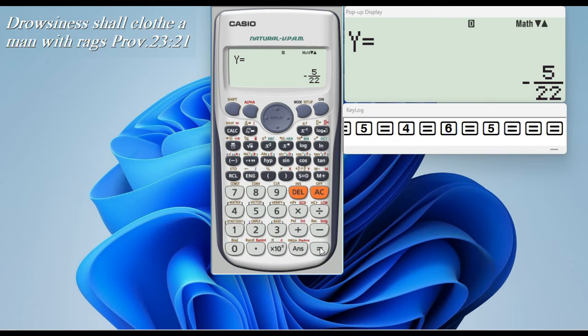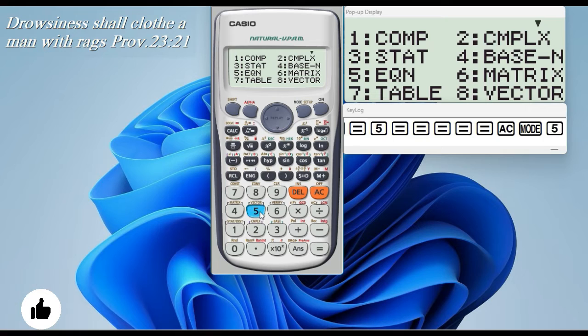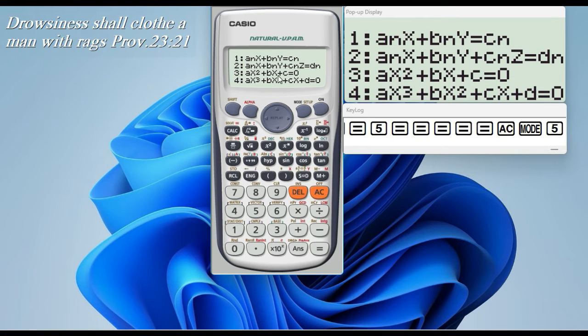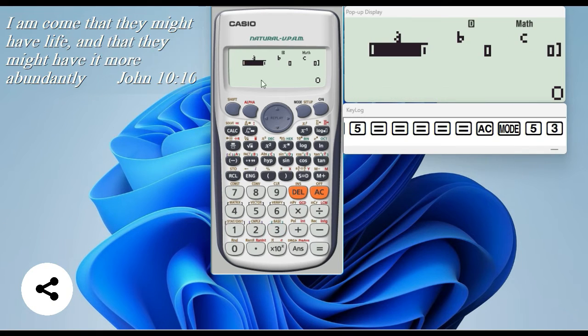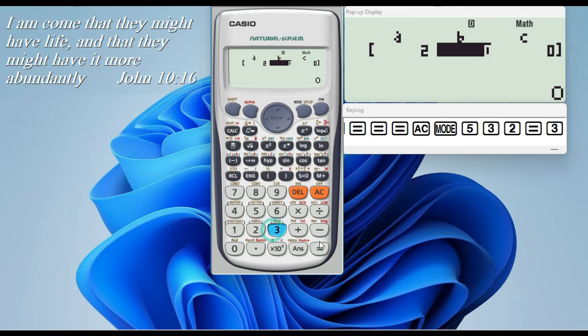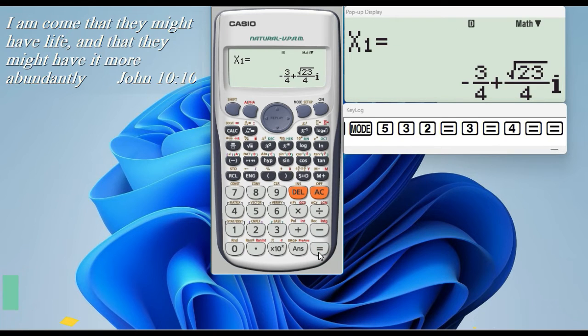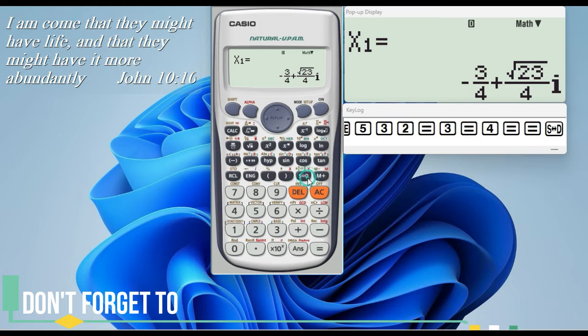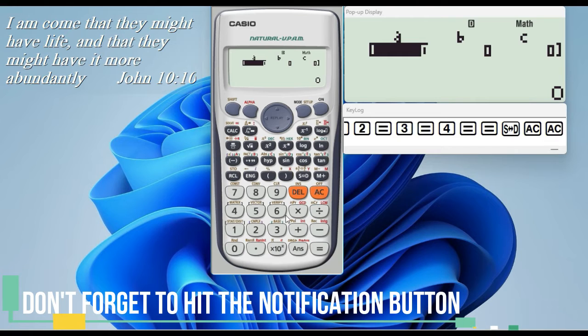Alright, the next one is completing of squares. Usually the general equation is ax squared plus bx plus c is equal to 0, and so we assume the coefficient of x squared is 2, and the coefficient of b is what we have keyed inside. You see that's giving us a complex solution, because the numbers keyed inside are just randomly selected, so definitely it's going to give you the complex number.